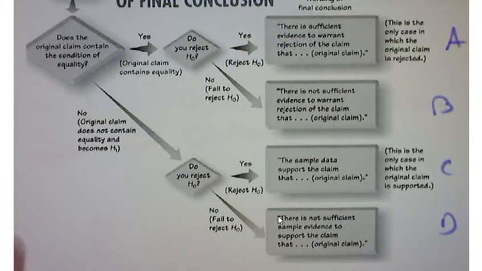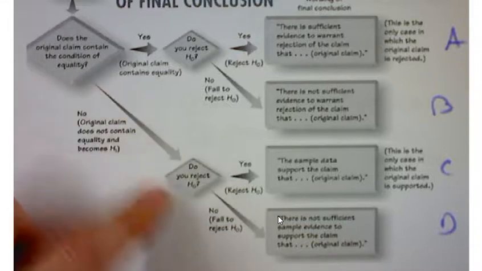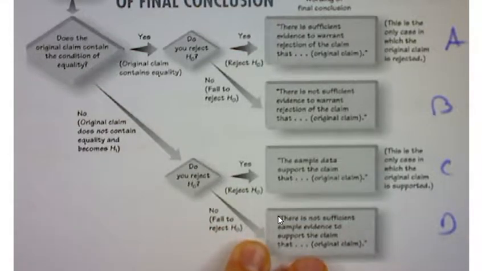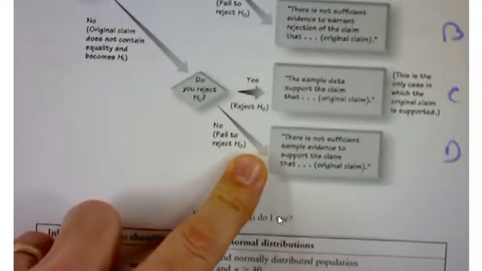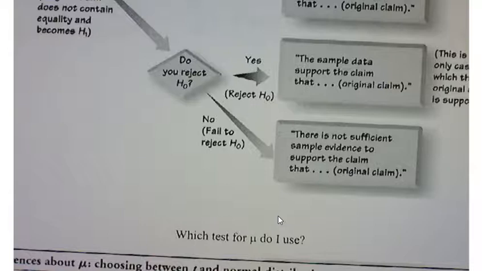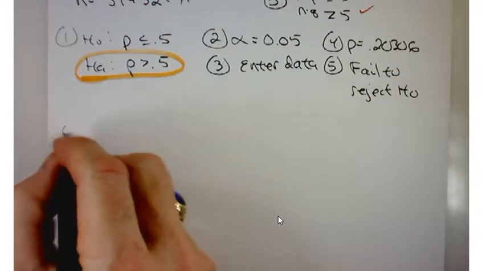So, let's take a look here. Does the original claim contain the condition of equality? No. Did we reject it? No. So you're going to go down here. You're going to start out your conclusion with there's not sufficient sample evidence to support the claim that, and then you got to state it in words. So start out with what's prescribed.